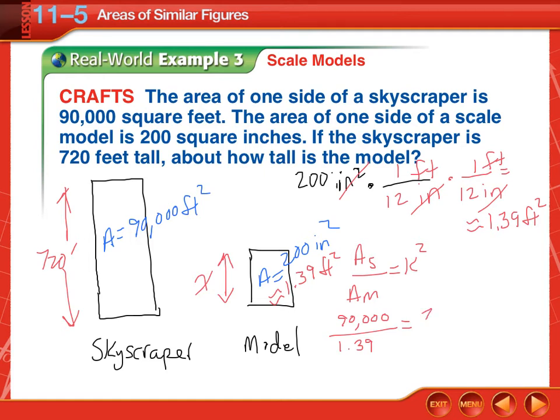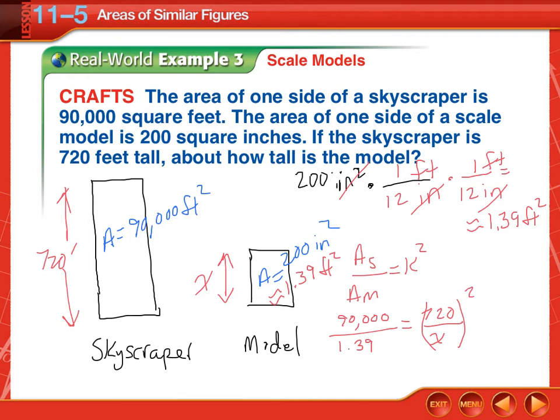We've got 720. Since I put, again, the larger image, the skyscraper, on top, I've got to put its dimension on the top, and we don't know what the height is of the model. And we just want to square this.